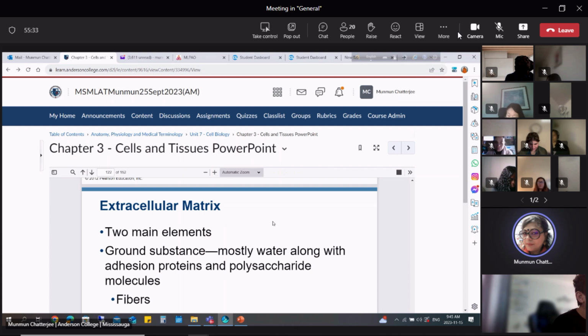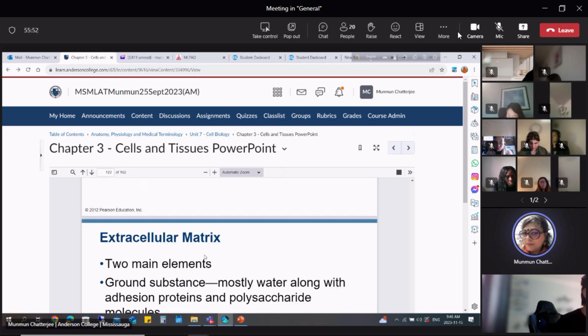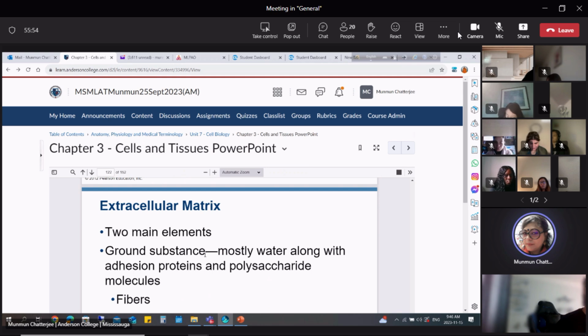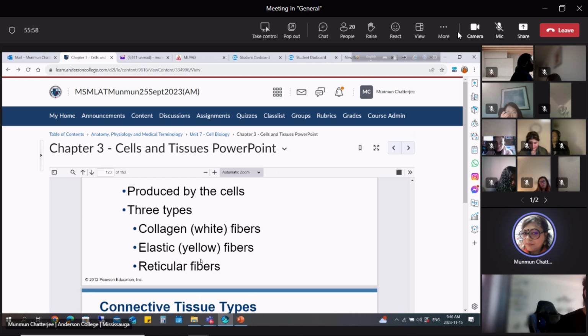So now, the extracellular matrix has two main elements: ground substance, mostly water, along with adhesion proteins and polysaccharide molecules, and fibers. Fibers produce these three types. Just remember what the extracellular matrix fibers are: collagen, elastic (yellow) fibers, and reticular, because these are the connective type of tissue.